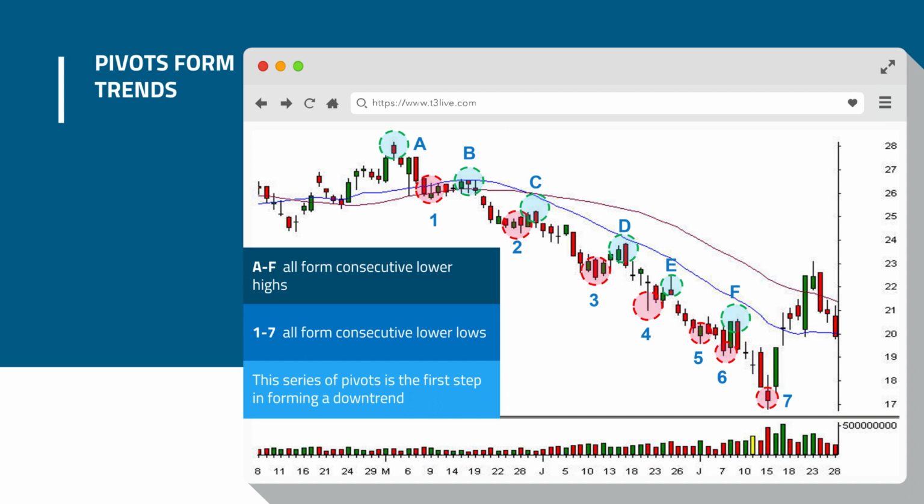Now, we also have other ways that we use to define the trend, not just higher highs and higher lows, but that's the most important part of the trend actually. Does it have consecutive higher highs, consecutive higher lows? What about the 20? What about the railroad tracks between the 20 and the 40? So there are various things that go into analyzing a trend, but the first one is pivot analysis.